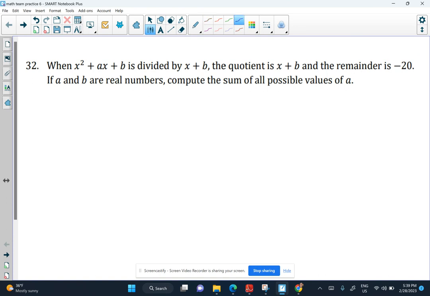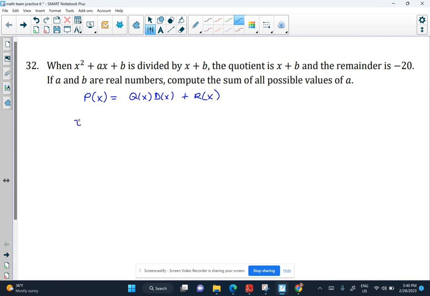Probably the easiest approach is to use the formula for a polynomial based on its quotient, divisor, and remainder. This is one of the big concepts in Algebra 2. The polynomial is equal to the quotient times the divisor plus the remainder.